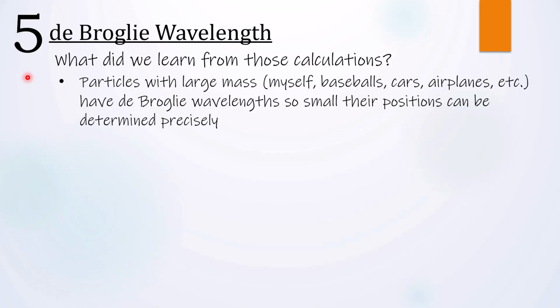So again, if you think back to thinking of a particle distributed through space like a wave, with regions of high probability of finding that particle and regions of low probability of finding that particle, we don't observe that for the world around us with macroscopic objects, simply because the wavelengths are so small that their position and their probability can be precisely determined.